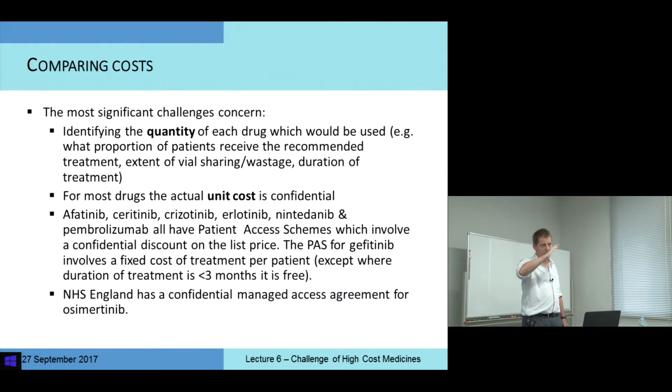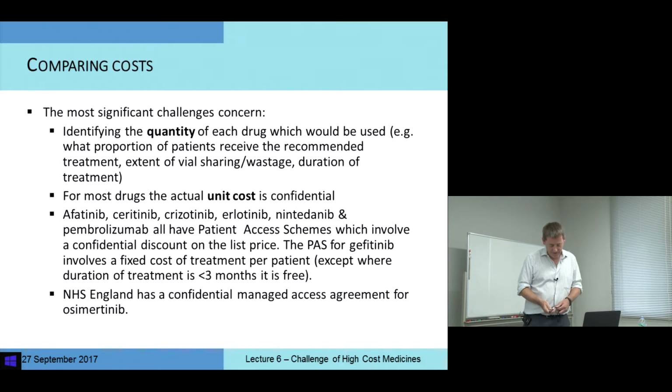Or might they cut the dose, adjust the dose? And so that introduces uncertainty as to how much drug will be used. Now that matters because a major driver of the cost is how much of the new drug you're using.